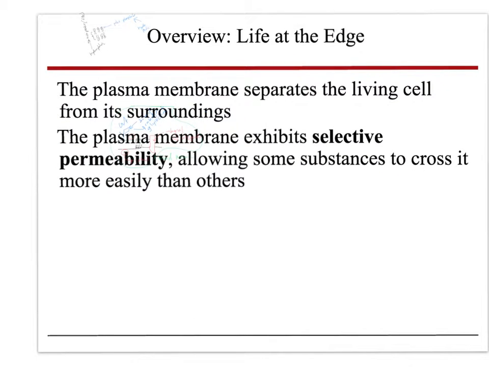Selective permeability states that some things get through and some things don't. Things that don't get through are things that are too big, things that are charged, things that are polar, because of that middle hydrophobic layer of the phospholipid bilayer.